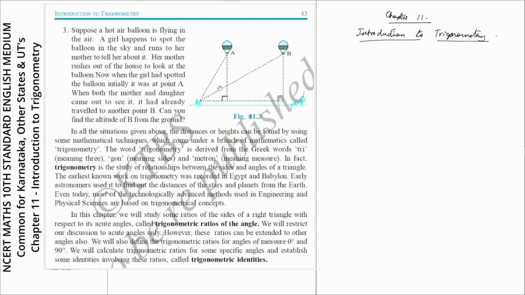Now the balloon is flying at point B. Here also a right angle triangle is formed, and at this viewing angle this person is watching balloon B. So if we know this distance and viewing angle, we can calculate at what height this balloon is flying.